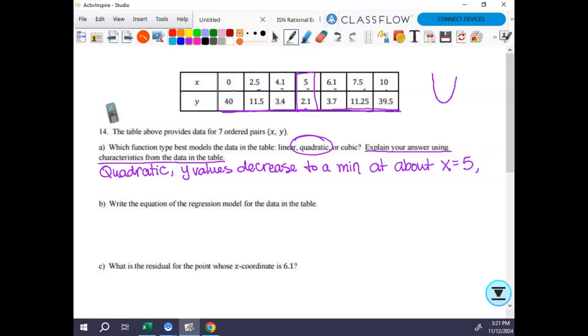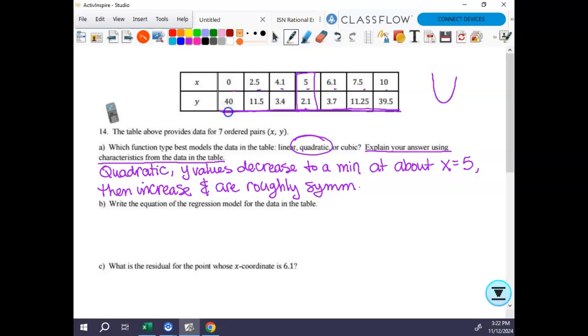Okay, so our y values decrease to a minimum at about x equals 5, then increase, and that is not the only stipulation. We also have to say and are roughly symmetric.